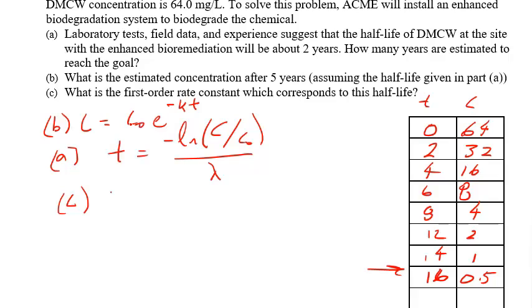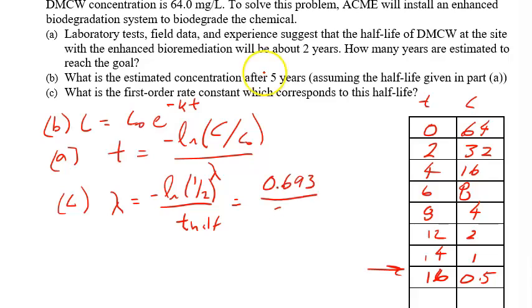The rate constant, lambda, equals minus log of 1/2, which again is the same as the log of 2, or 0.693, something like that, over T half, which is 0.693 over 2 years. And that equals about 0.35, and the units are years to the minus 1.